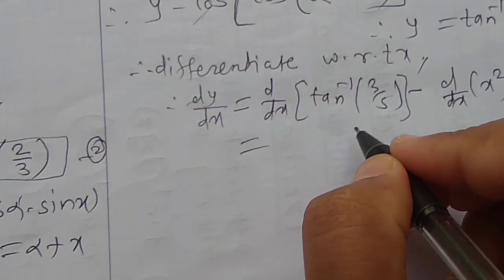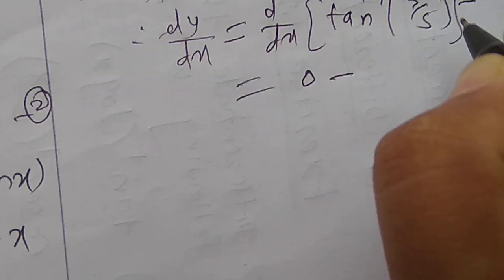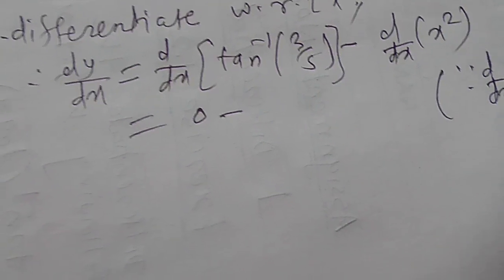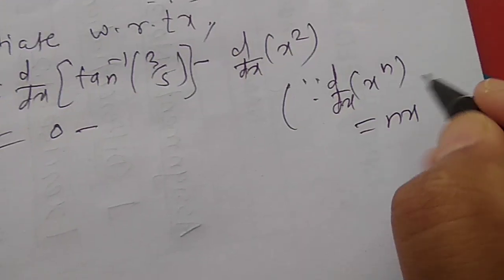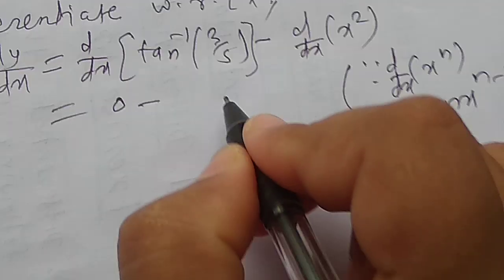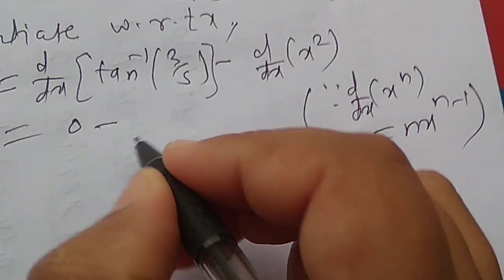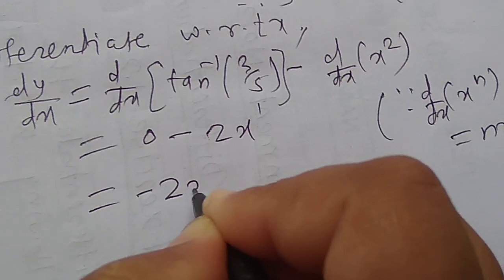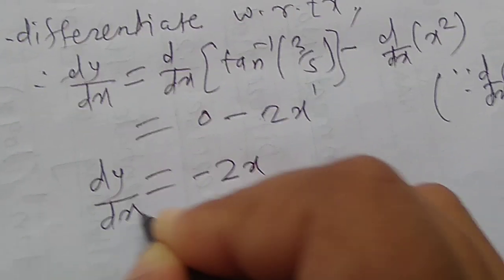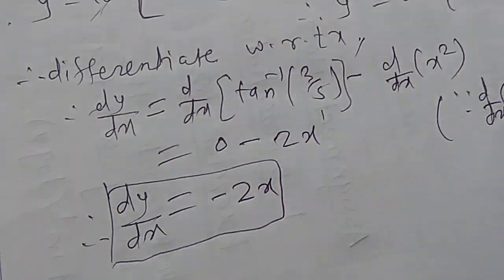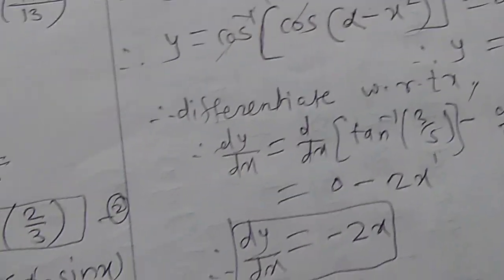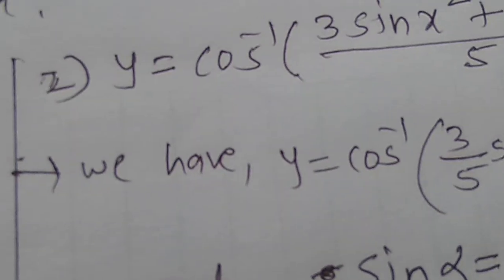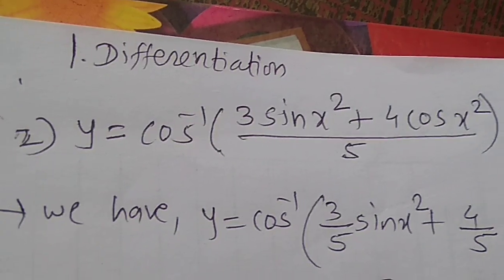But we know that derivative of constant function is 0, minus derivative of x square, we can find by using this formula, d by dx of x raised to n, that is n x raised to n minus 1. Therefore here n means 2 is there, and therefore 2x raised to 2 minus 1, that is 1. 2x raised to 1, that is minus 2x. And therefore we got derivative dy by dx is equal to minus 2x, which is the derivative of given function y is equal to cos inverse of 3 sin x square plus 4 cos x square upon 5.